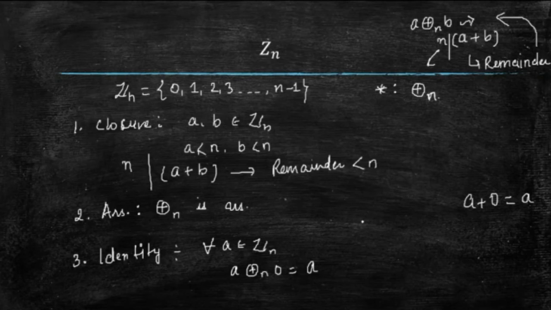Lastly we have to talk about the inverses. Suppose I have a in Zn.